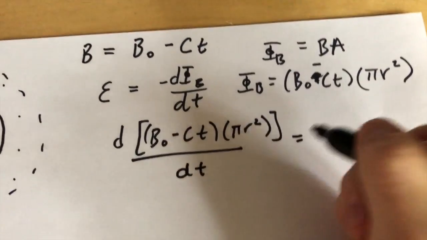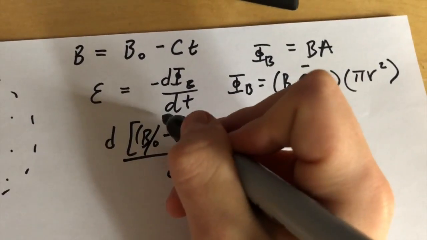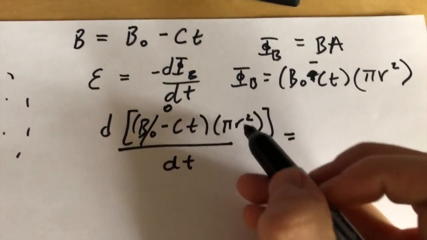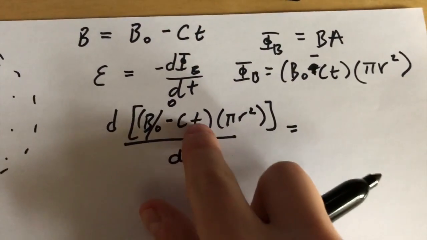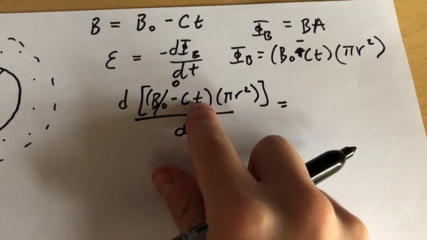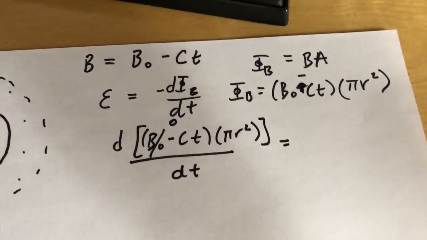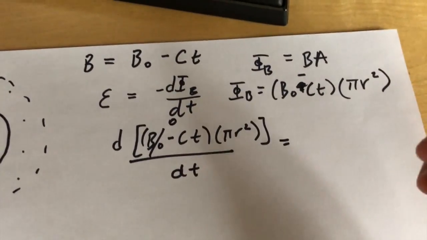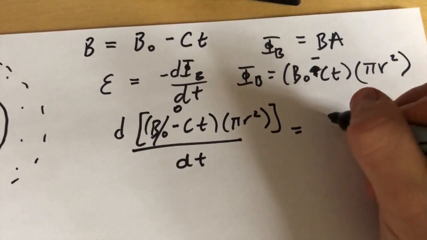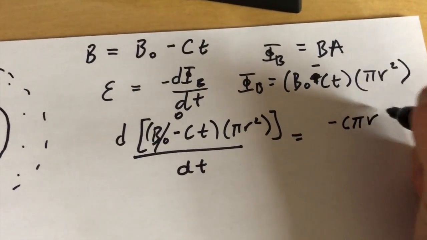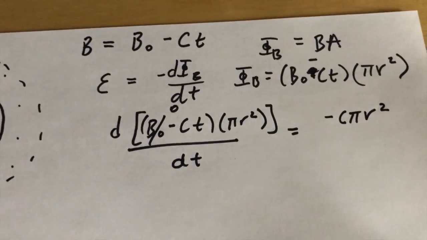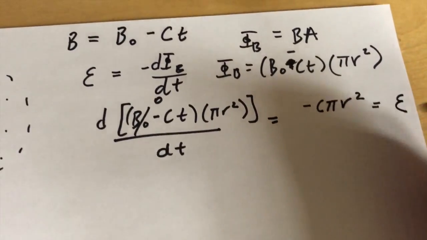And this is just a constant, so this just becomes 0. And this is multiplied to that. When you take the derivative of just your variable to the first power, it just becomes 1. So now you're just going to get negative C pi r squared. And that's going to be equal to our induced EMF.